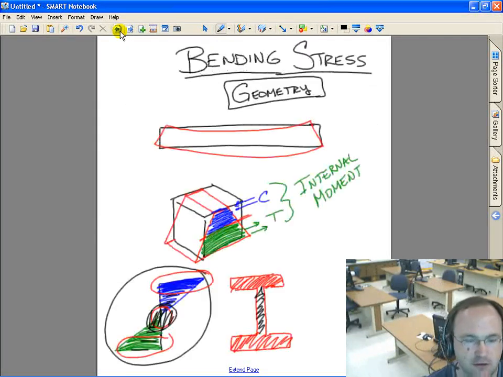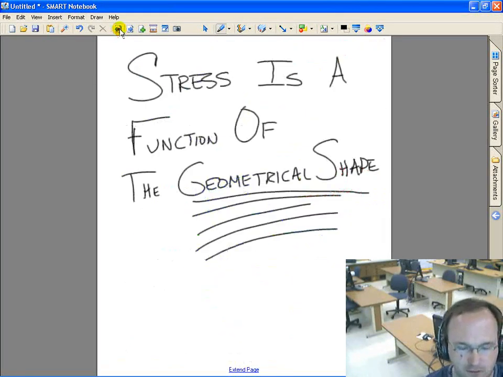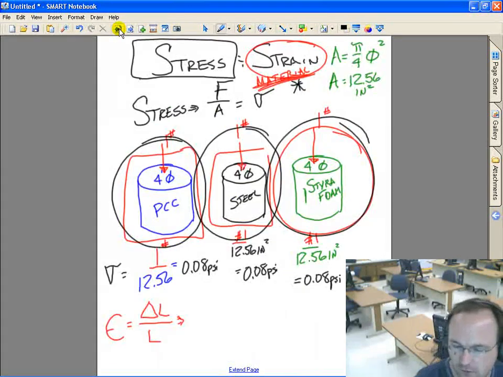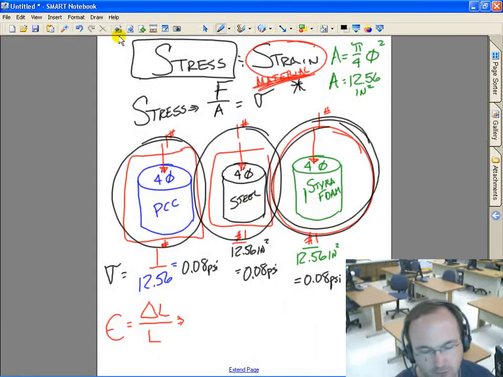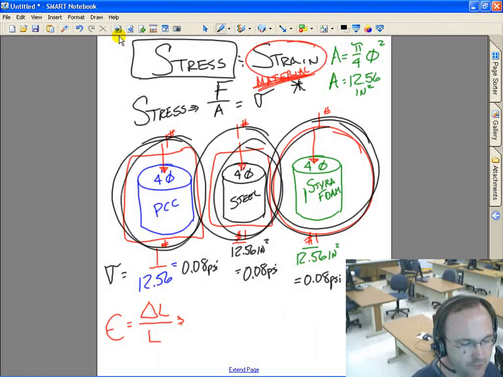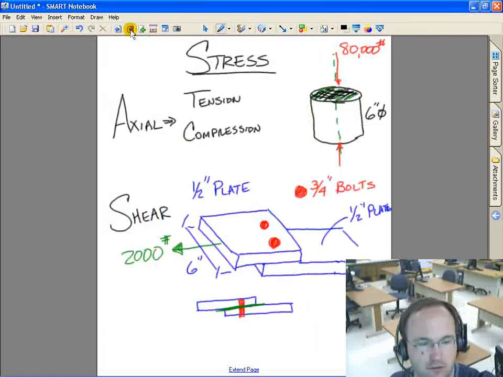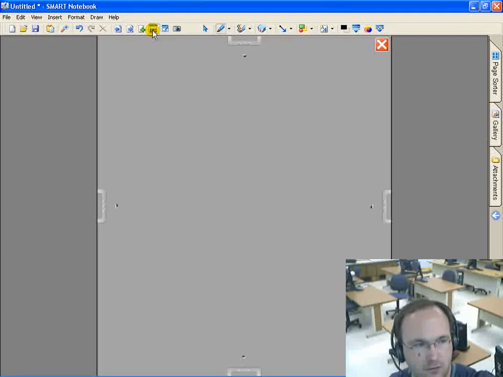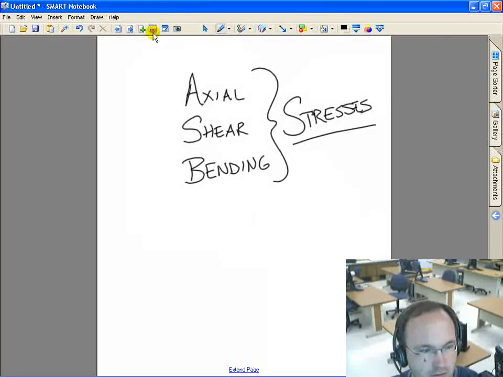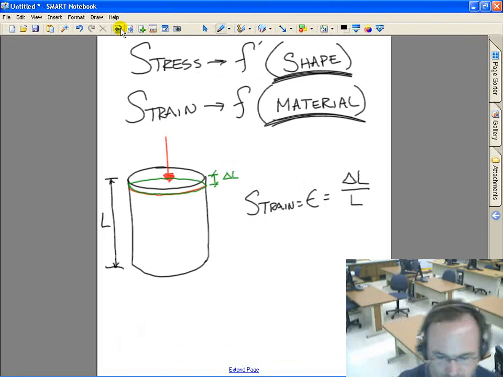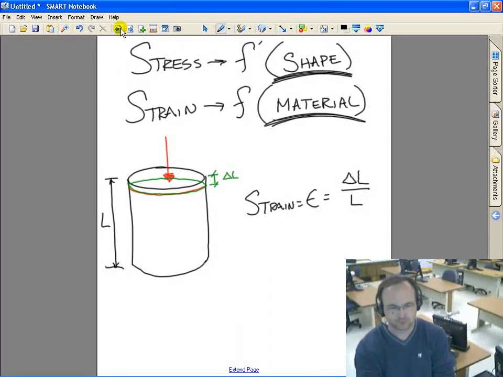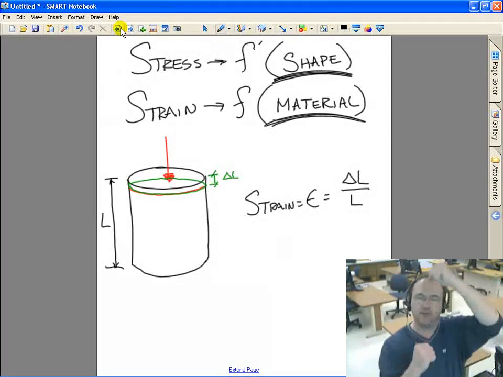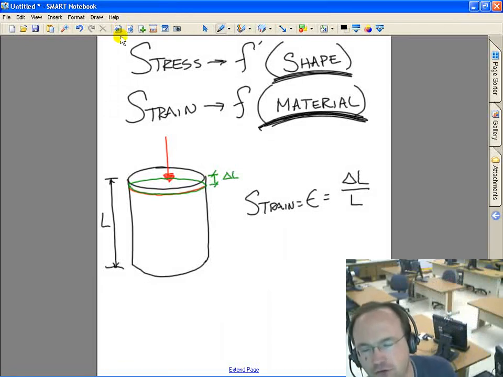As you can see, the strain value of styrofoam is going to be significantly higher than of steel and of concrete. So that's strain.